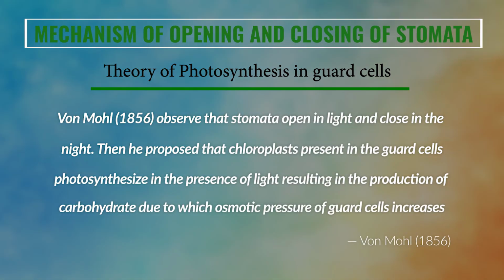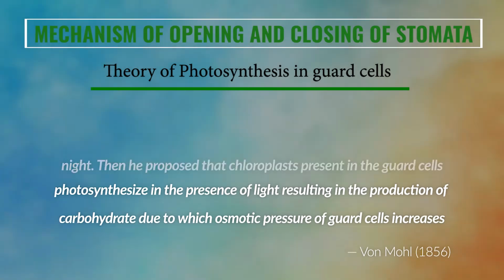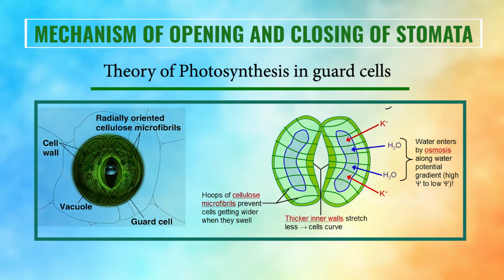Von Mohl in 1856 observed that stomata open in light and close during night. So he proposed that chloroplasts in the guard cell produce carbohydrate in the presence of light by photosynthesis. The photosynthates, being osmotically active, draw water into the guard cell from the surrounding cell.